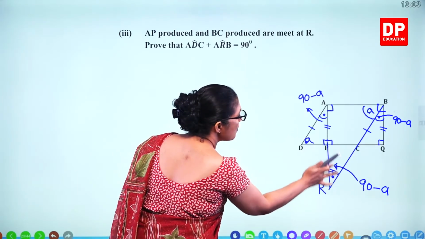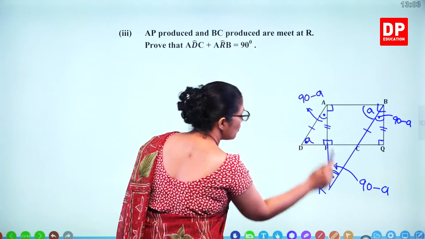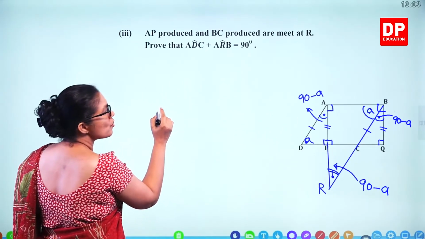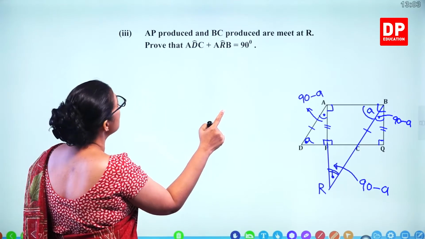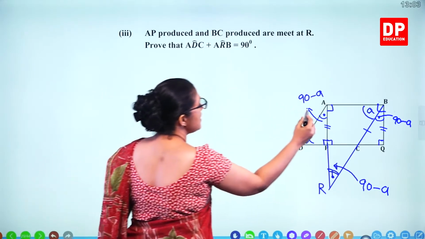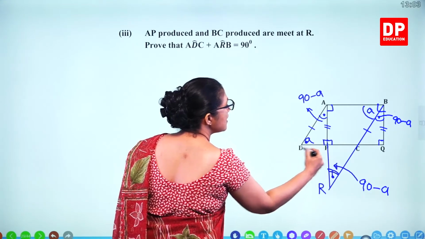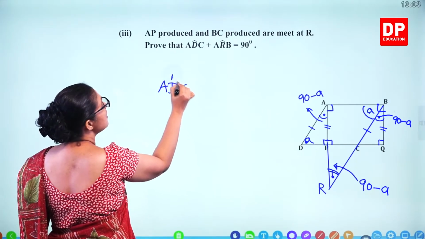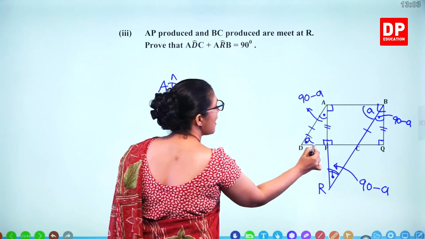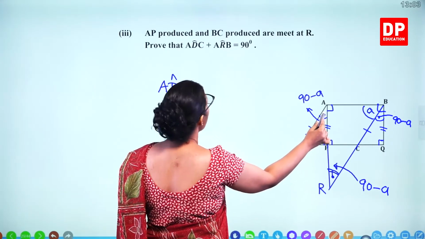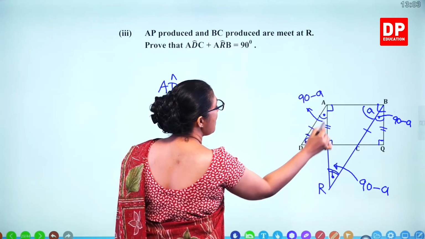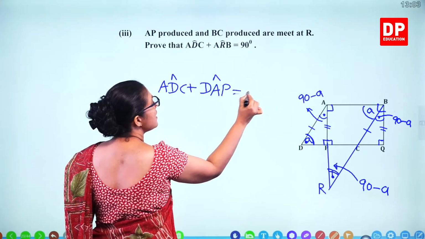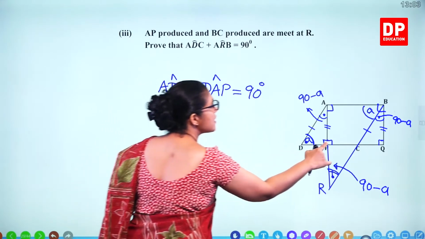Now what can you say about this? So we can write these two add up to 90. So angle ADC plus this angle plus angle DAP is equal to 90 because of exterior angle there.